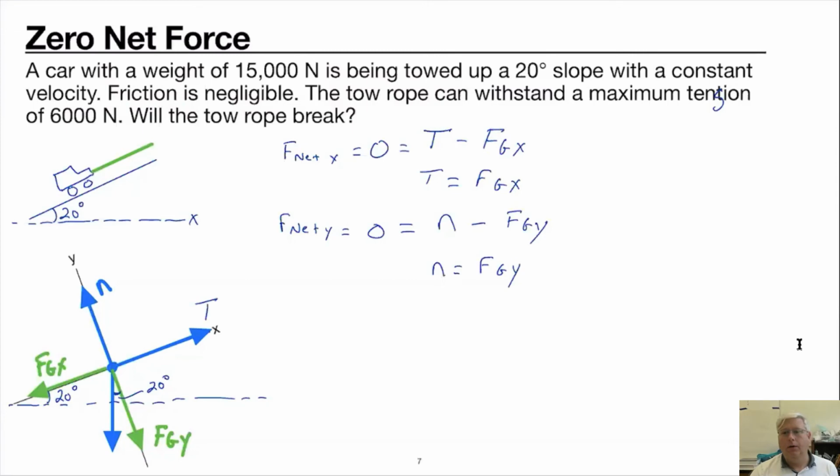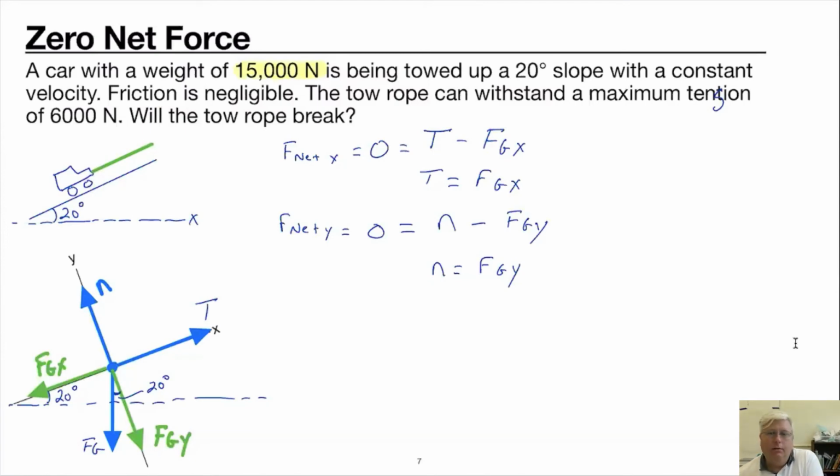All right, so let's see here. What are the unknowns? Well, we know the weight, right? So the full Fg we know is that 15,000 newtons we were given, and we are not really given anything else except for the fact that we have a slope of 20 degrees.